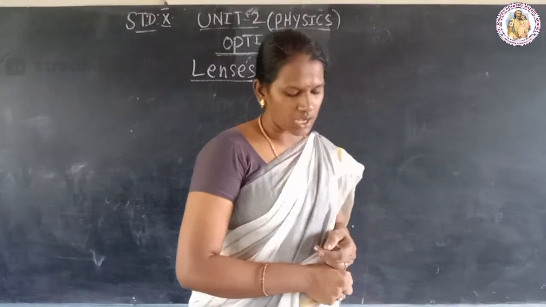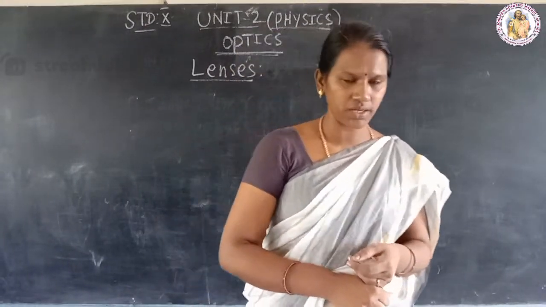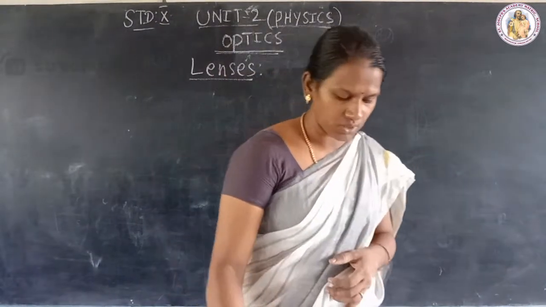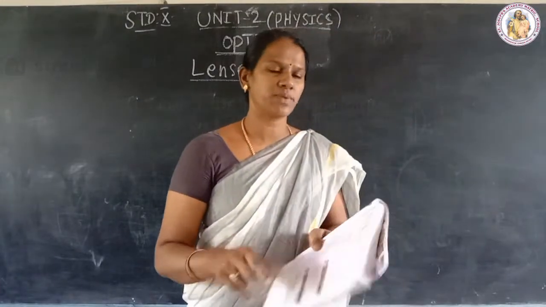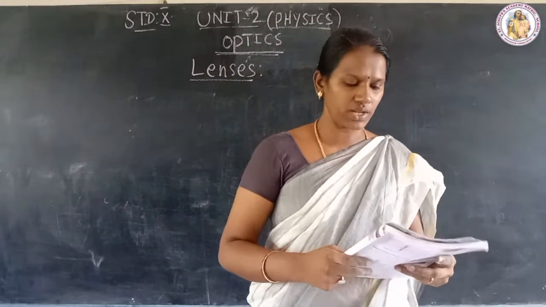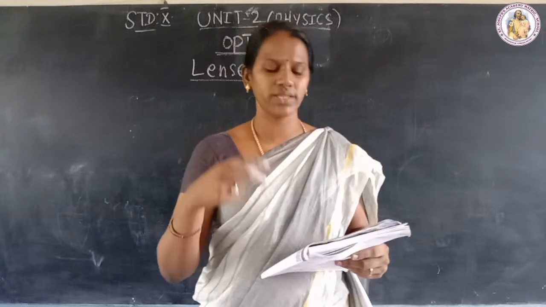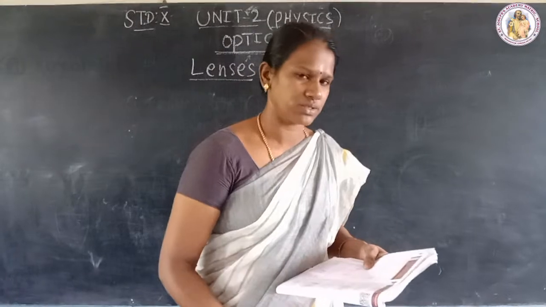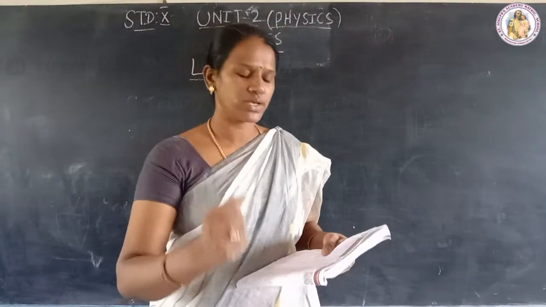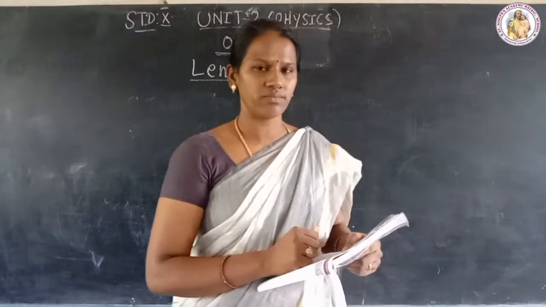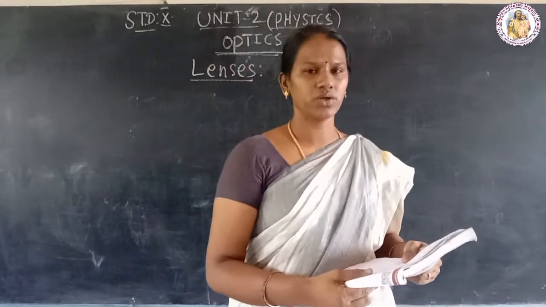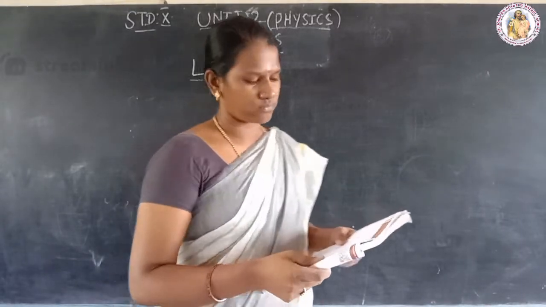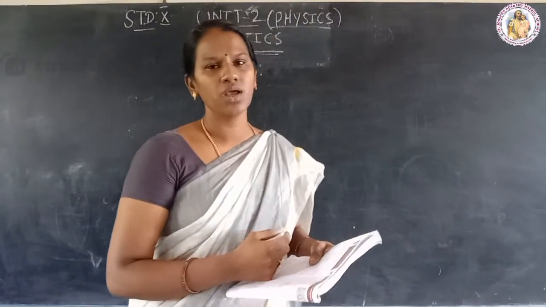The position, size and nature of the image formed can be understood only if we know certain basic rules. After the light falls on the lens, it gets refracted. Where is the image formed, what is its size, and what is its nature? To know that, we need to follow the rules.